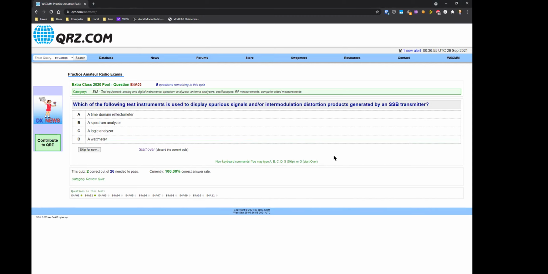Generally a spectrum analyzer, it's more like you're looking across a range of frequencies, versus an antenna tuner, which is going to sample at different points to calculate your SWR.